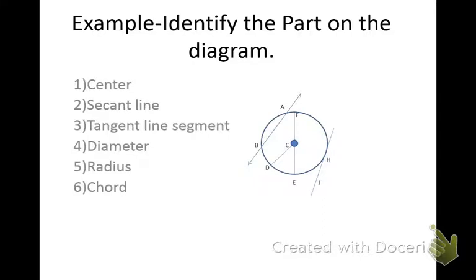In the diagram, identify the part on the diagram. What is the center? What's the center of this circle? What letter is it? Yes, the center is C. What would the secant line be?